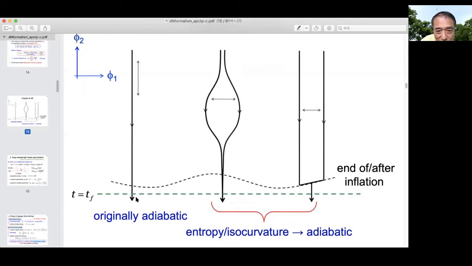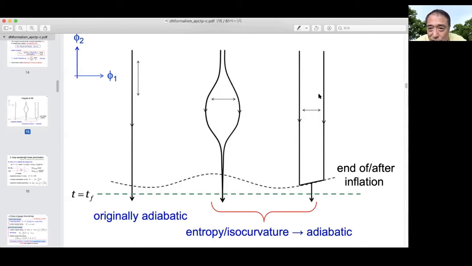So this is exactly what you can compute. If you still have some isocurvature component at this time, then you can of course define delta n, but it's not so useful unless you know how the universe evolves afterwards.